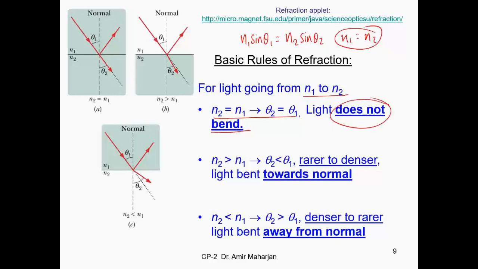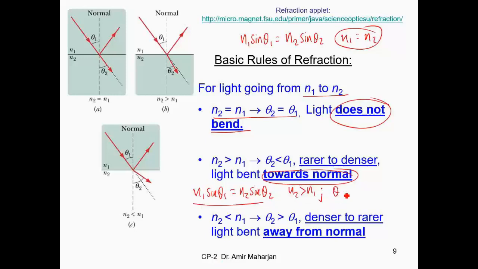Okay, next. When light passes from rarer to denser, say from air to glass or air to water, light bends towards the normal. Why? Because from this formula, n1 sin theta 1 equals n2 sin theta 2, and since n2 is greater than n1, they are inversely proportional, they go opposite.